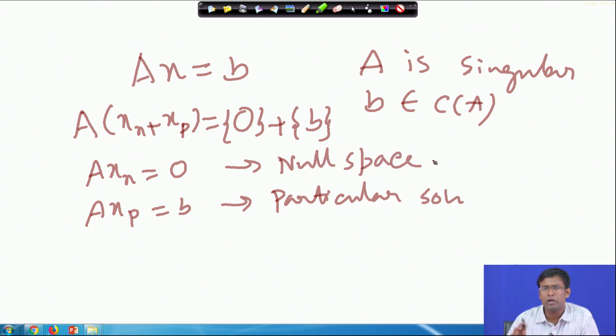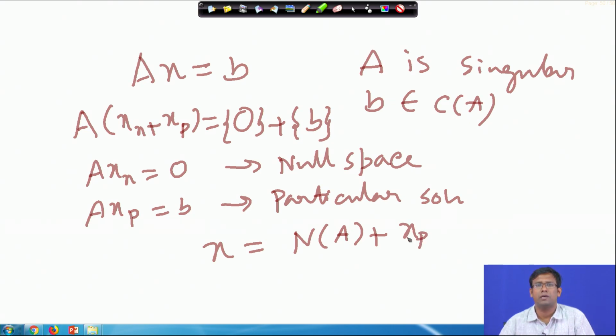In fewer words, we can say that in case Ax = b has infinite solutions, the solution x is basically the null space of A plus a particular solution x_p which satisfies A x_p = b.